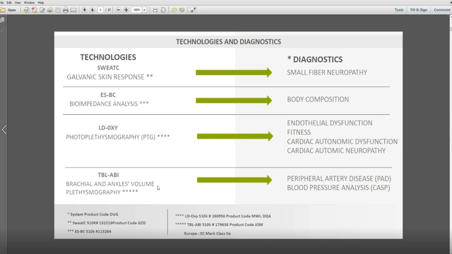And essentially what we're diagnosing with the blood pressure cuffs and the analysis of the blood pressure is peripheral artery disease, PAD, which you probably have heard of. It's a very significant vascular complication that's becoming standard of care to test for. Peripheral artery disease or peripheral vascular disease, as well as blood pressure analysis.